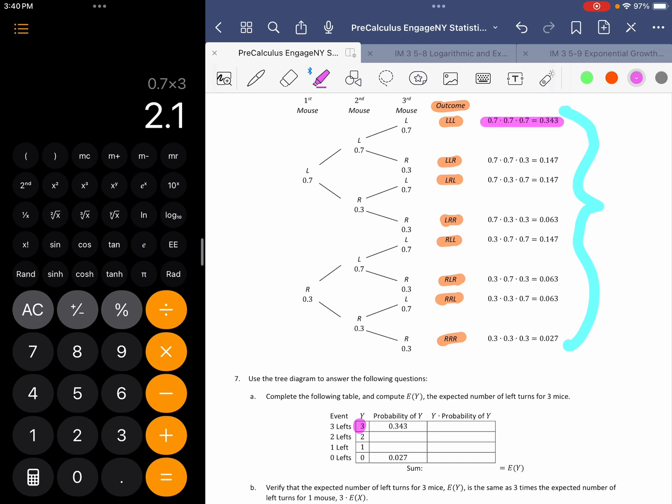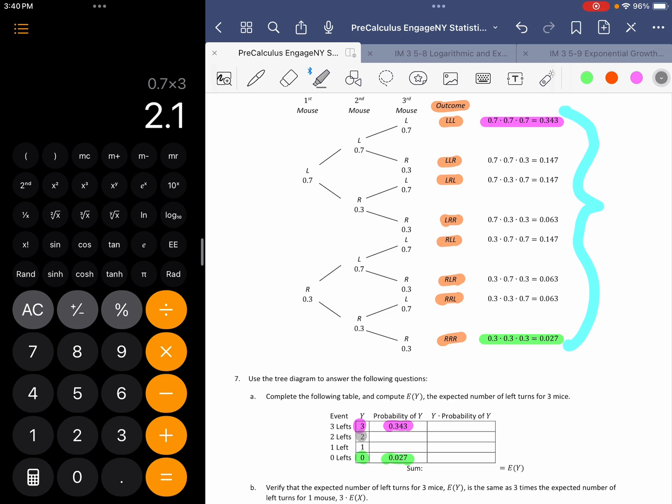There's only one outcome that has 3 lefts, and so that's why its probability is 0.343. There's only one outcome when there are 0 lefts, which is our last outcome, RRR, and that's where the 0.027 comes from. But there's some more outcomes that we need to look at.